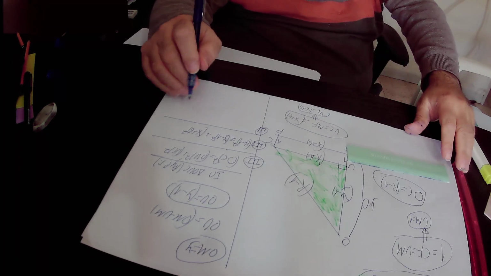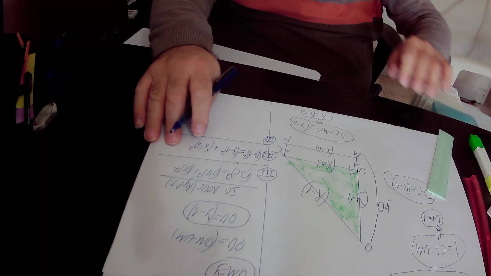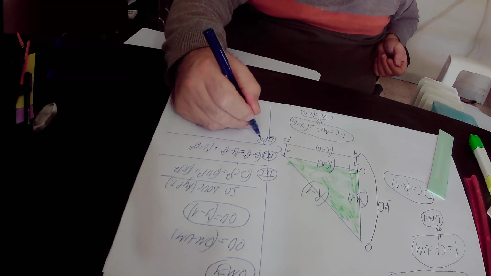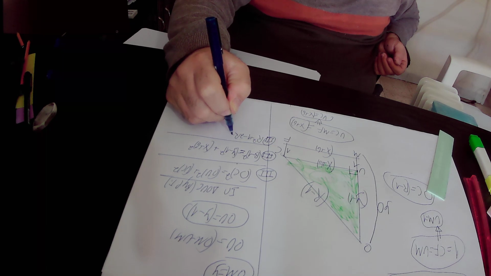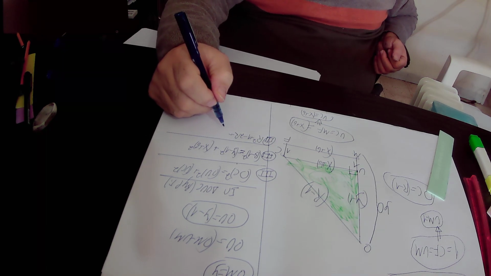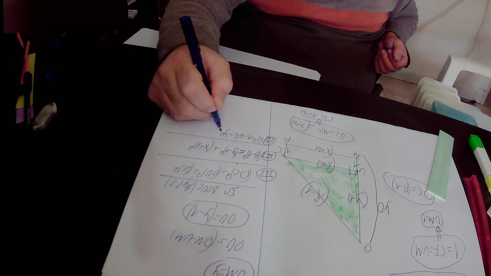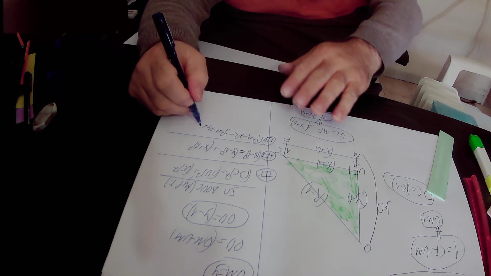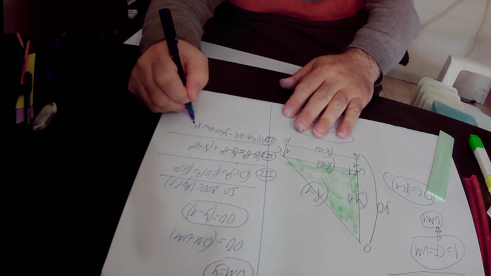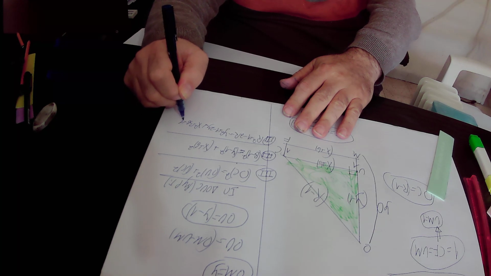(R minus 1) squared is equal to R squared plus 1 minus 2R, that equals (Y minus 1) squared. (Y minus 1) squared is equal to Y squared plus 1 minus 2Y, plus (X plus 6) squared equals X squared plus 36 plus 12X.